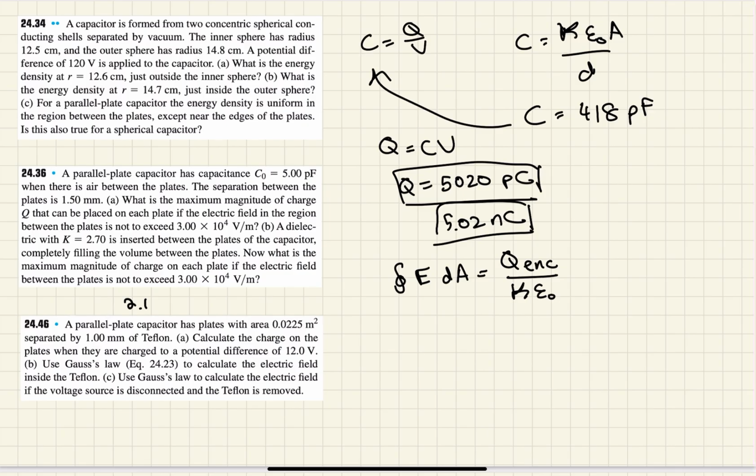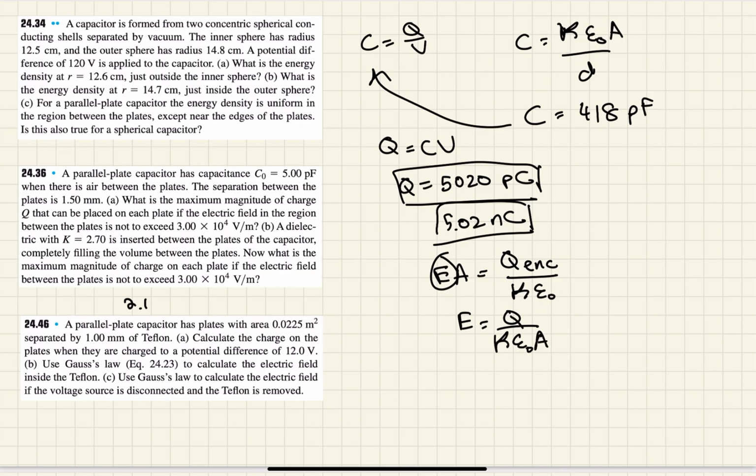So electric field is constant because, you know, it's parallel plate capacitors. So it becomes just E times A is equal to that. And so you get Q, you're solving for electric field. So you divide by A, you get E equals Q over kappa epsilon naught times area.